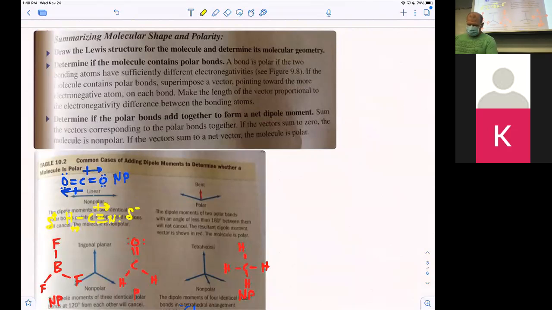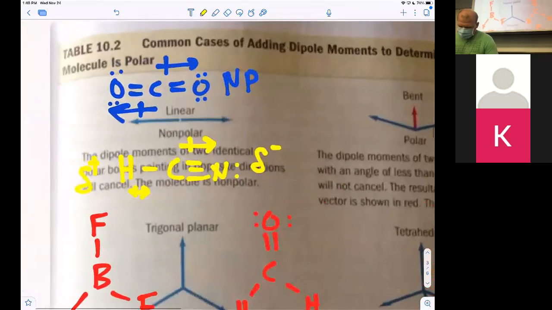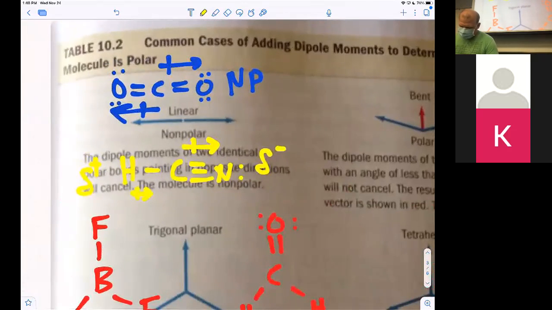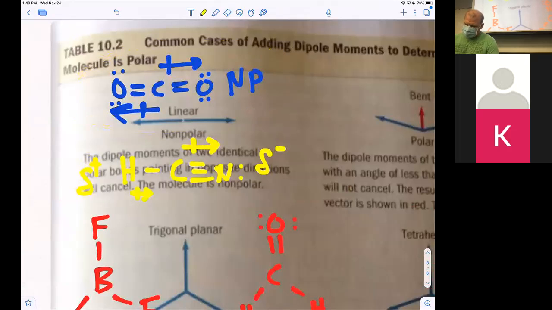And determine if the polar bonds together form a dipole moment. So it has to do with symmetry. If you look at two different molecules, so linear, if they're the same atom, it's non-polar. Carbon dioxide, already mentioned, is the same atom, they pull and they cancel each other, it's non-polar.